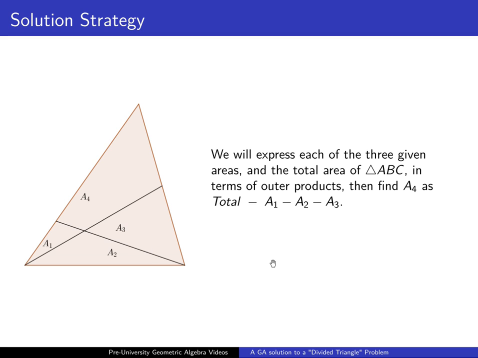So our solution strategy will be to express each of these three given areas, A1, A2, and A3, in terms of outer products of vectors, and then we'll also express the area of the full triangle in terms of outer products of two vectors. Then we'll find A4 as total minus these.